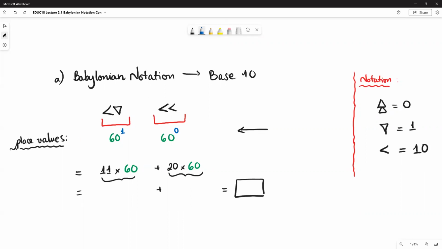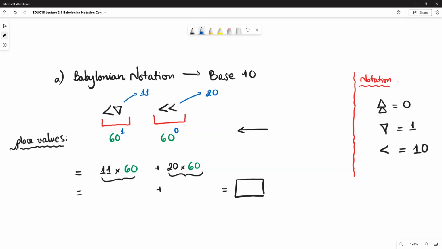Let's focus on the value of it. First, because we have two less than signs, each with the value 10, we have here 20. We have one less than sign on the left-hand side and then one triangle. This means over here is 11.